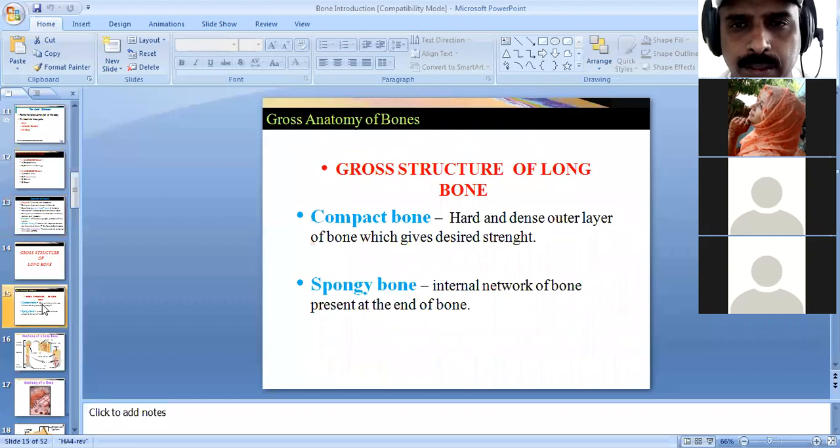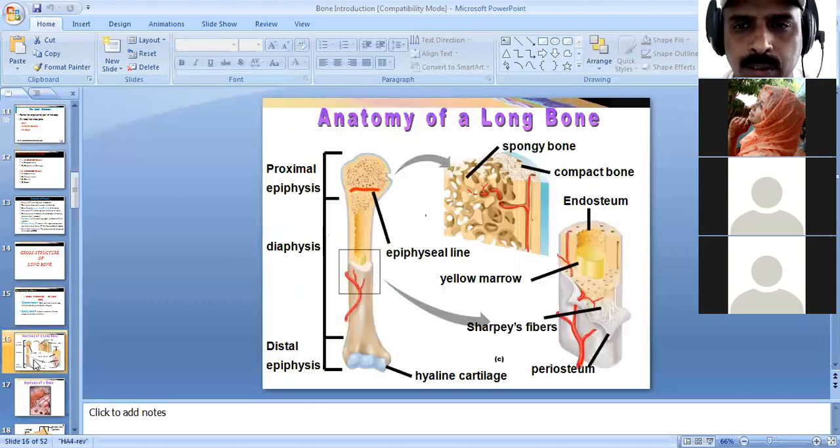When you remember the gross structure of the long bone, it is made up of compact bone and spongy bone. When you see the bone, it appears sponge-like structurally, a network type, which we call spongy bone. Compact bone is hard, and it is the outer part of the bone.